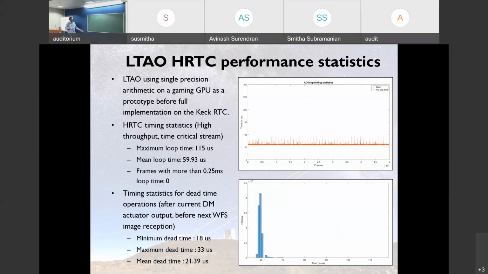The computing part is very easy. We have a target of doing the real-time computation in each time step of 250 microseconds, and we are far below that number. We are easily able to get to less than 100 microseconds, which is 10 kilohertz of correction. So the limiting factor here is not the real-time control at all.